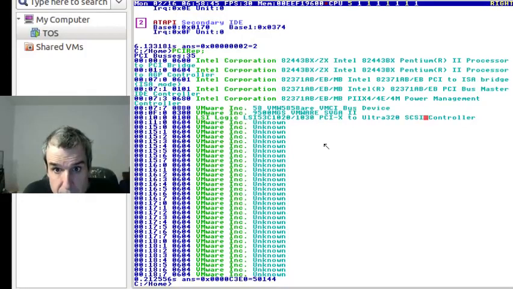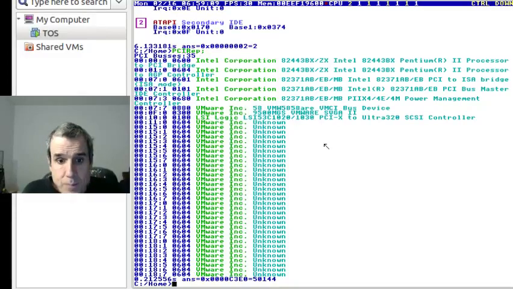How could I be using SCSI? I don't even know which one of these. Maybe we didn't find it. Anyway, VMware allows primary and secondary IDE to function. I don't even know which PCI device it is actually.